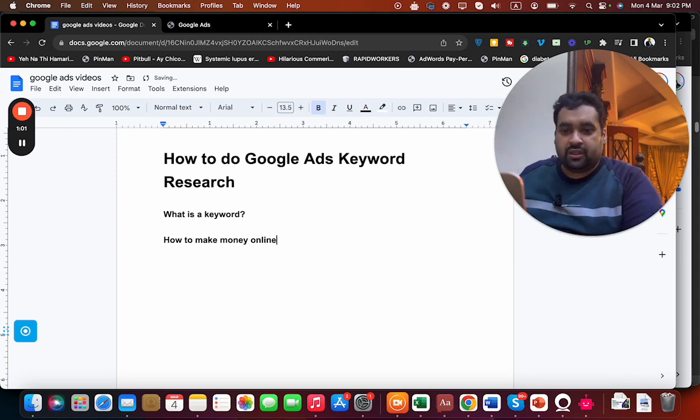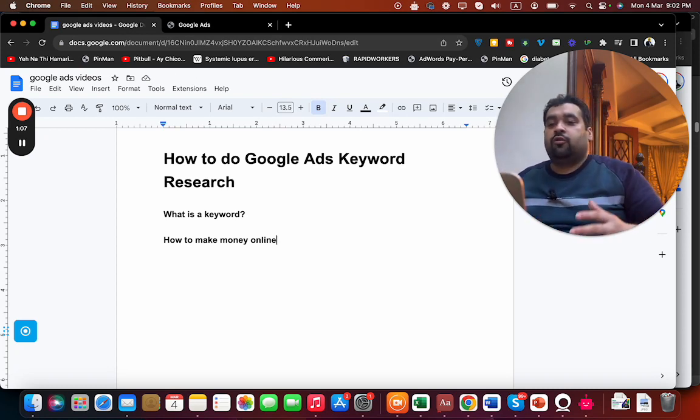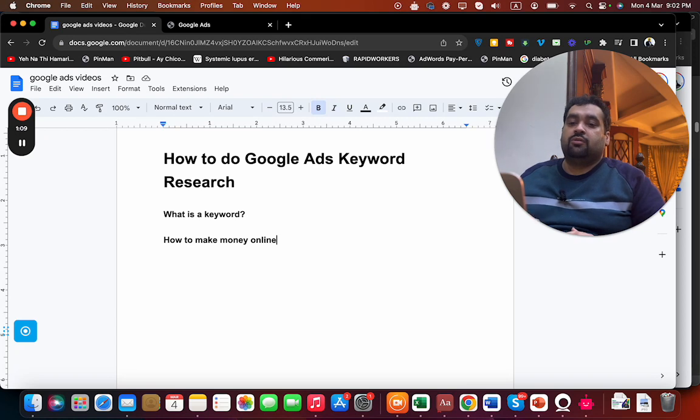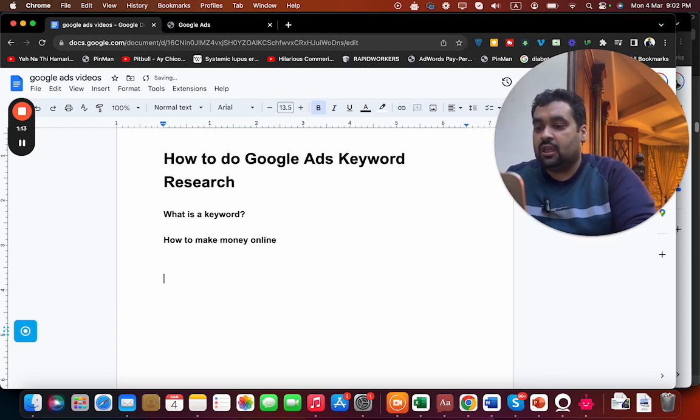Keywords can be of various types. Before I move further, I wanted to inform you about the keyword categories on Google Ads that everyone should be aware of. Keywords can be divided into several categories.